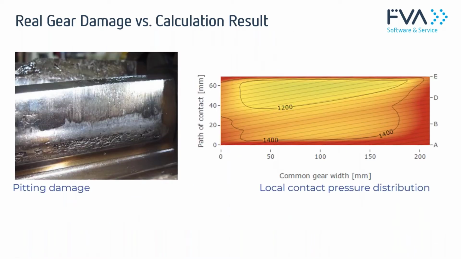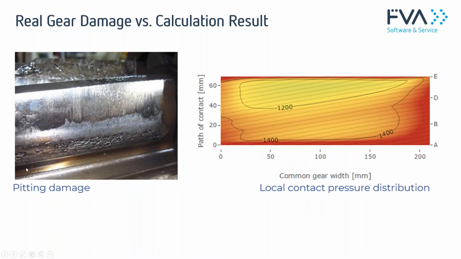And before I switch to our online demo for today, just two examples from real life, where I've calculated the local pressure values of tooth flanks for failed gearboxes.